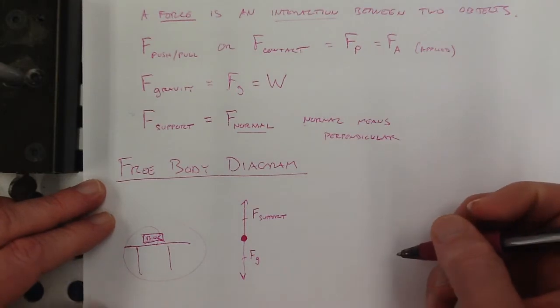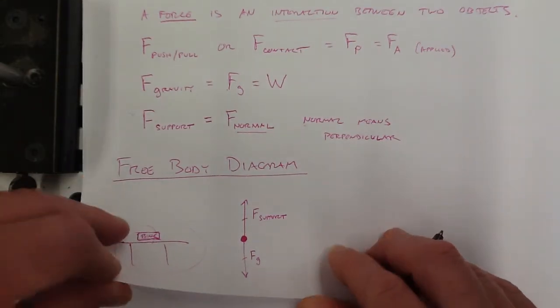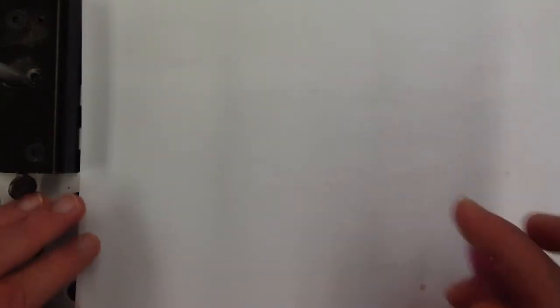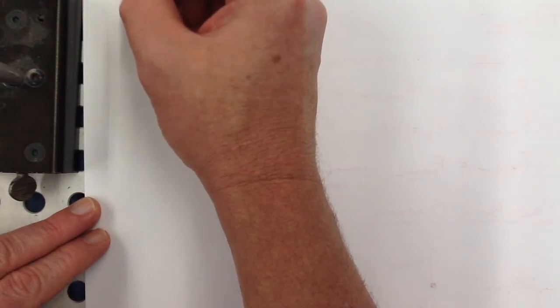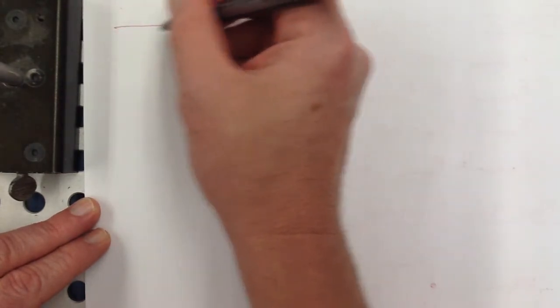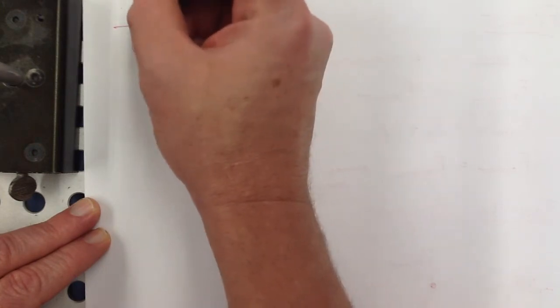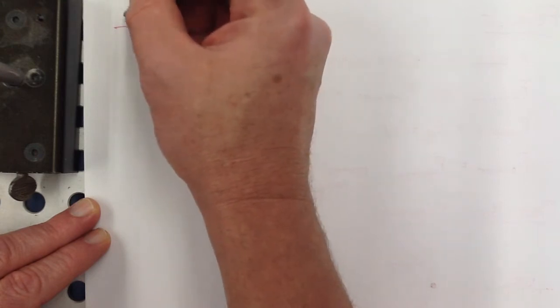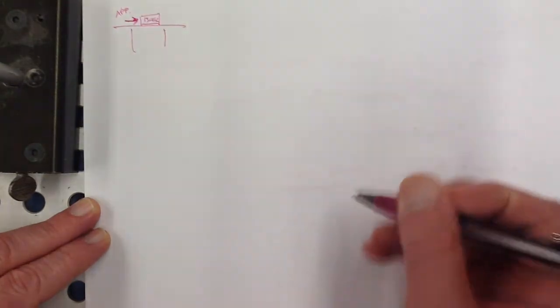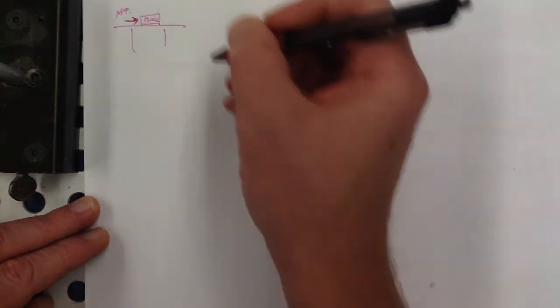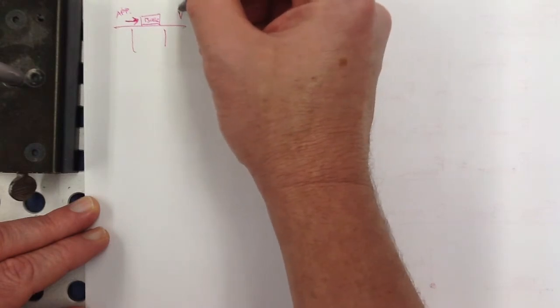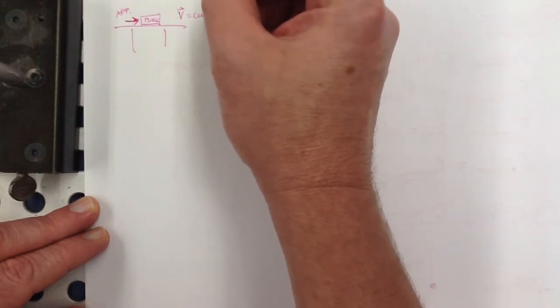Now, how about this? How about if we take the same book, but now there's going to be an applied force pushing this way, and the book moves with a constant velocity across the table.